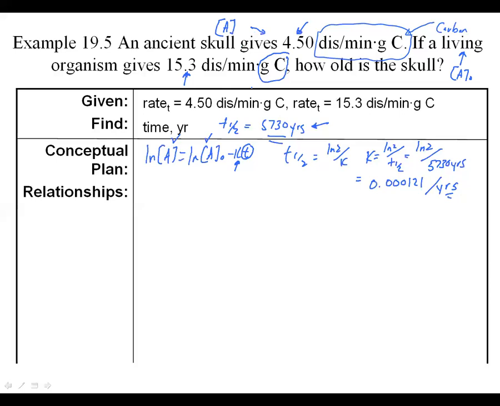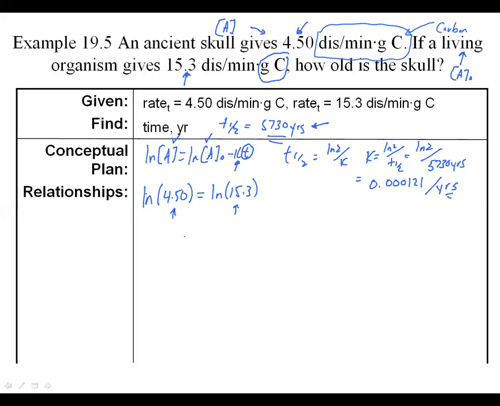So basically the natural log of our final, which is 4.5, equals the natural log of our initial, which is 15.3, minus our decay constant we just solved for, times t. In terms of units, we're okay because they are both in the same units, so everything will cancel out correctly.